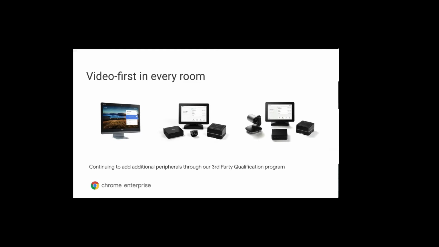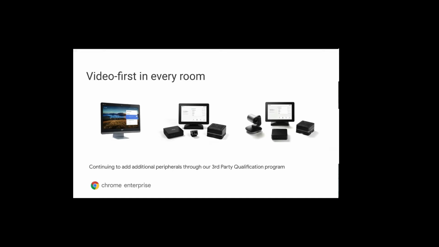What's really nice about this is that you can be video first in every single room. There are additional pieces you can add in with a third-party qualification program. In a very small room, you may be using just an all-in-one Chrome device as the only thing.